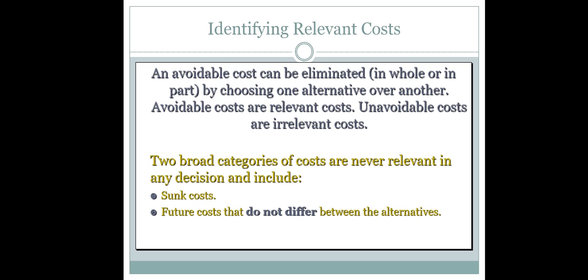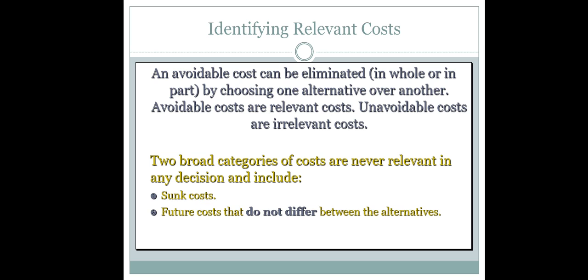You have a business. Five years ago, you purchased a machine. You paid $5,000 for the machine five years ago. Today, you still have the machine.